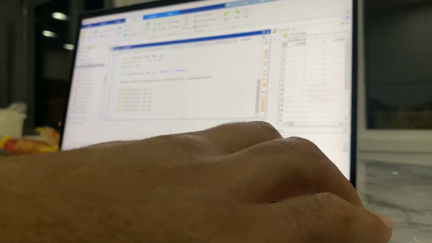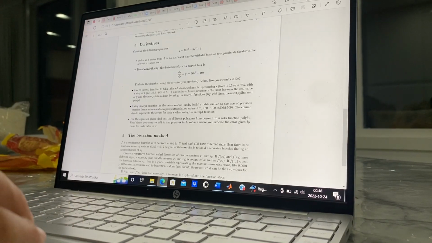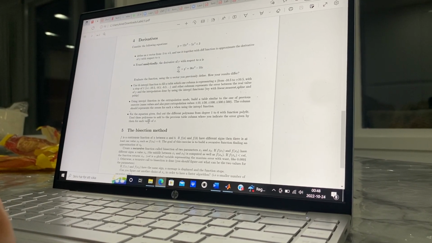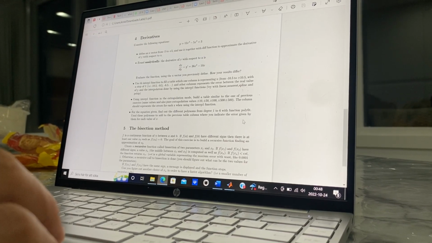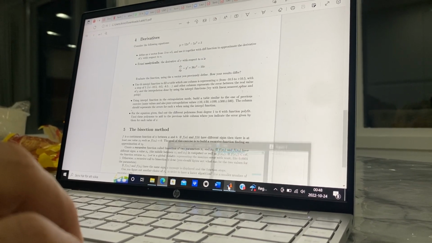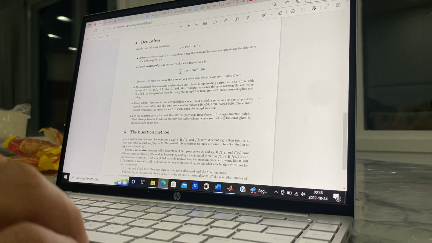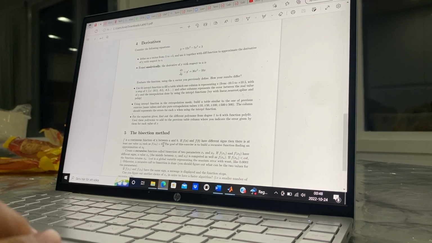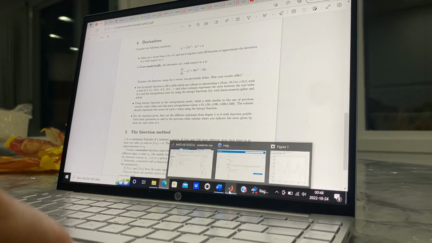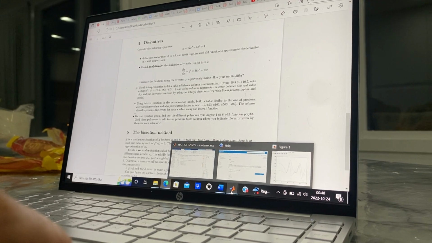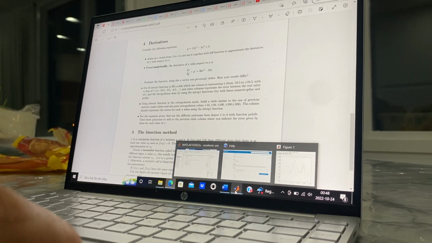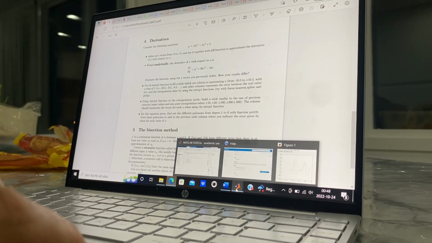So now we'll read again what is to do. I will use the polynomials to add to the previous table column. So I will add these polynomials to the previous table column where I indicate the error given by them for each value of x. So I'll simply create the same table, but I will put in the polyval, the fitting for. I will use polyval as well here.